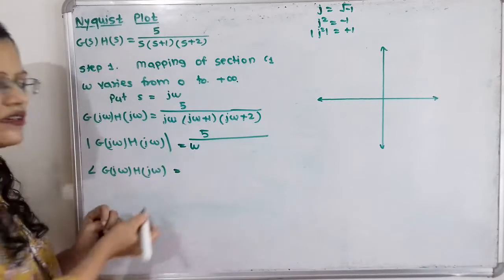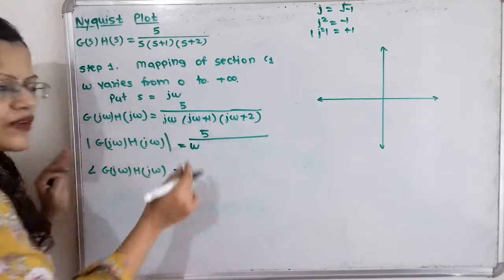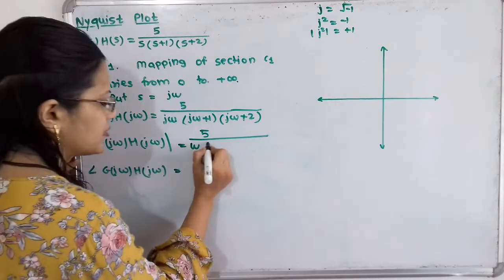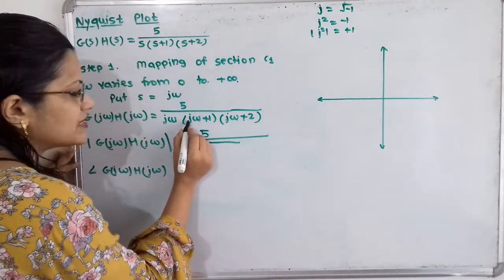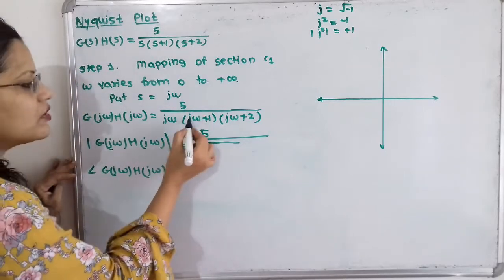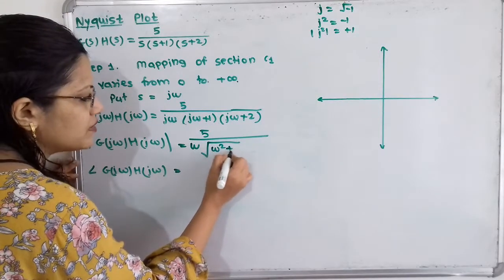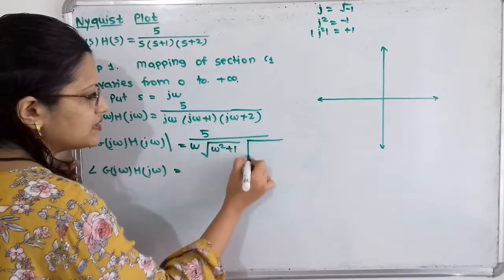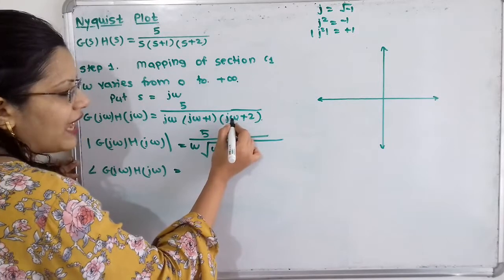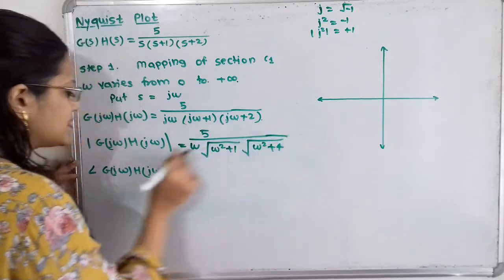So I will write here directly omega. Now for the second term I will take square root and square simultaneously. So here also j square omega square plus what is the square of 1, that is 1. So for this j square it is plus 1. So simply I will write omega square plus 1. And for this third term also I will write omega square plus 4. So this is the magnitude.